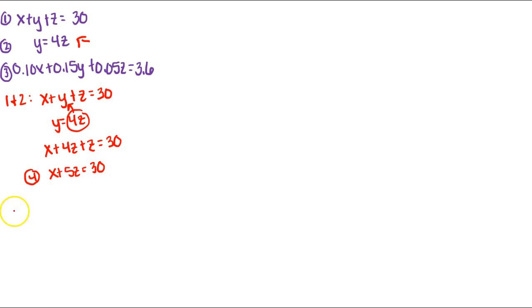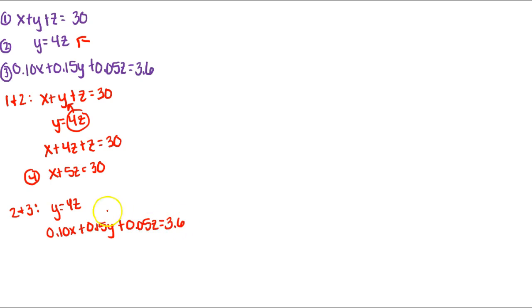Now I'm going to consider equations 2 and 3. Now I'm going to do the same thing. I'm going to substitute. We've got y equal to 4z, and then we have 0.10x plus 0.15y plus 0.05z equal to 3.6.